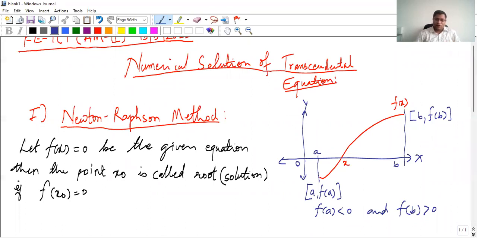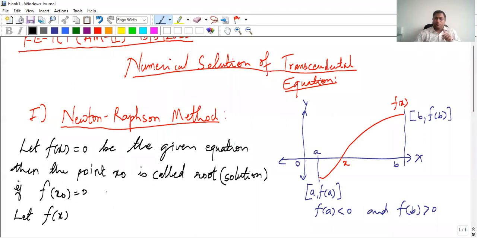Okay, so we have a root in the interval a to b. So now, how are we able to get this root? These are the assumptions that we need to understand. Let f of x, being a transcendental equation, be continuous and differentiable.